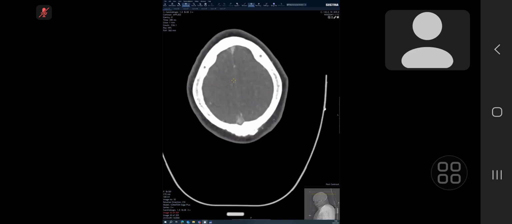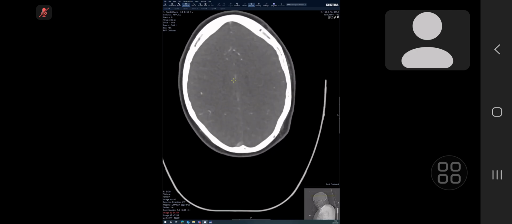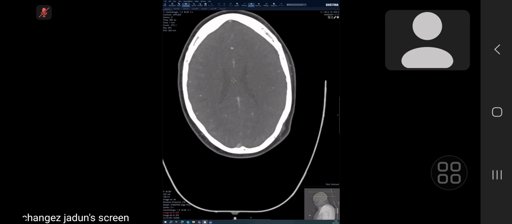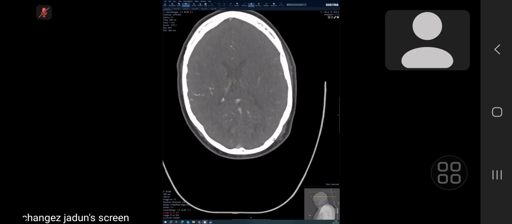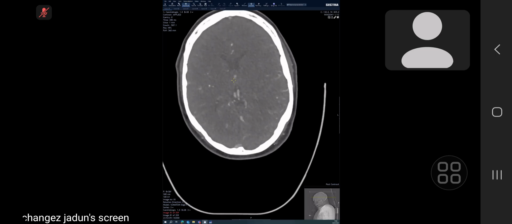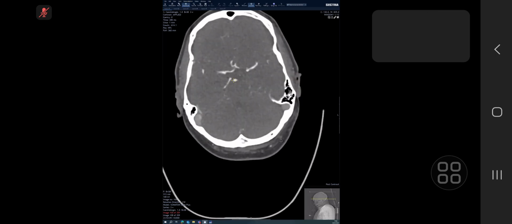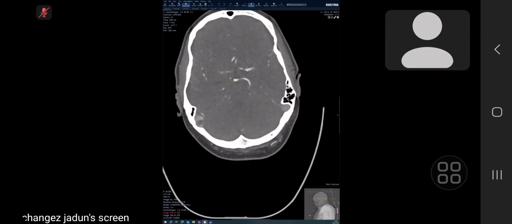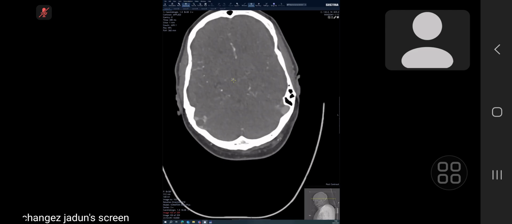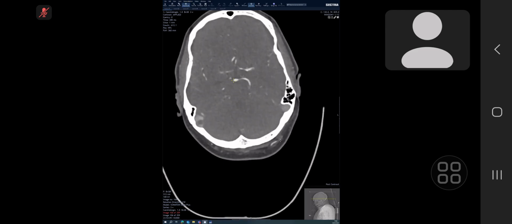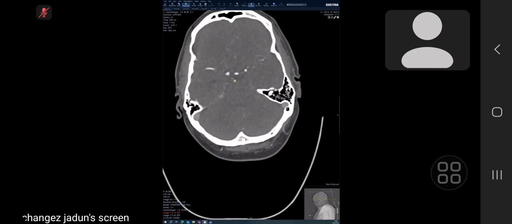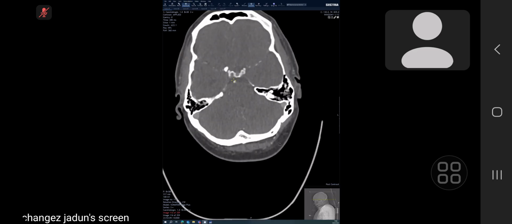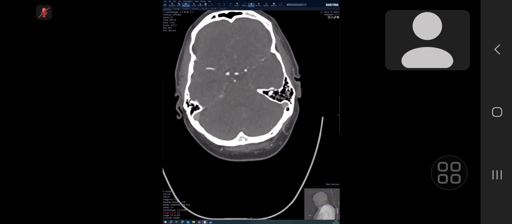Just below where it is dividing into the MCA and the ACA, I would like to see the junction. Yes, this is the junction. I can see that the MCA, the second part of the MCA, the M2 segment, is not properly visualized when we compare it with the right side.